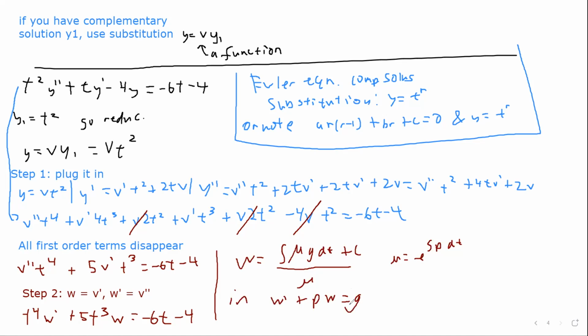And note that I've just replaced y with w in this case. So this is the general solution to a first order linear differential equation in standard form. w prime plus p w equals g gives us w equals the integral mu g dt plus c over mu, and mu equals e to the integral p dt.